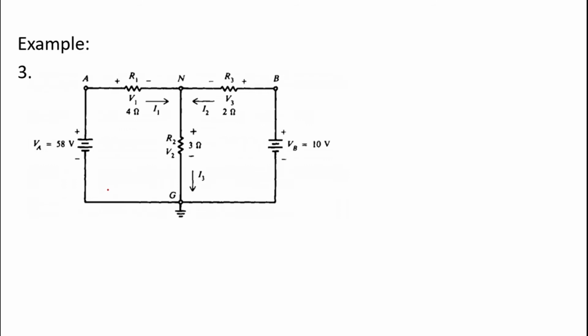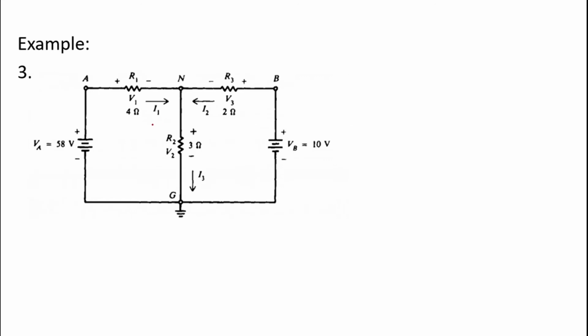Okay? Now, for this example, the voltage A is equals to 58 volts and then voltage B is equals to 10 volts. Now, meron ngayon siyang R1 which is equals to 4 ohms, R2 is equals to 3 ohms, and then R3 is equals to 2 ohms. Now, dito may nakalagay na ngayong polarity. Kasi nagkaroon ngayon dito ng assumption ng flow ng current.